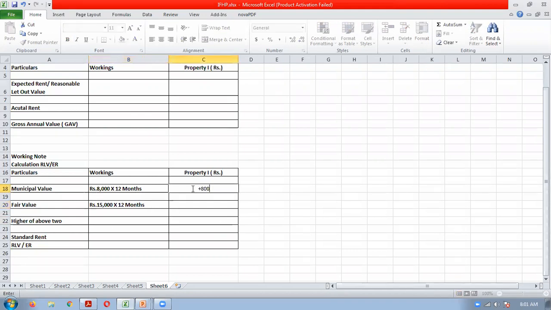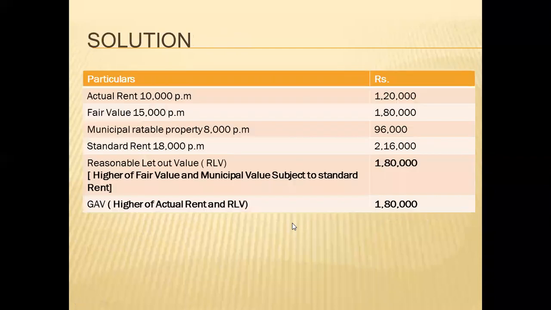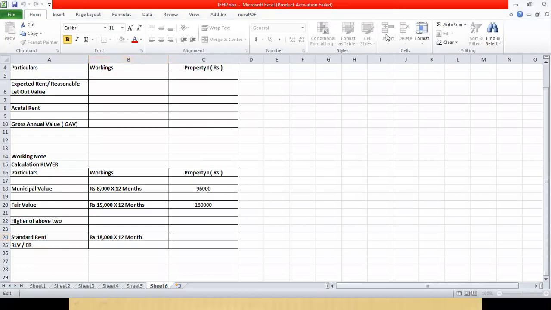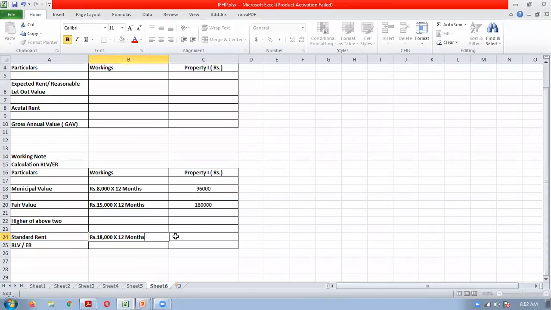Everybody calculate 8,000 into 12, 15,000 into 12. Standard rent, they have told that take it at 18,000. Standard rent, rupees 18,000 into 12 months. So 18,000 into 12.